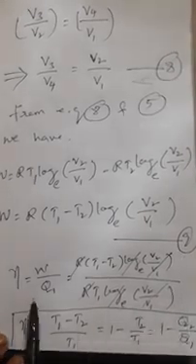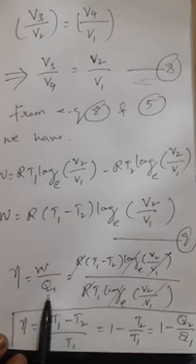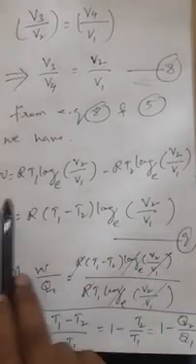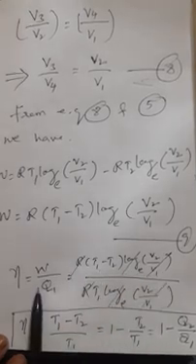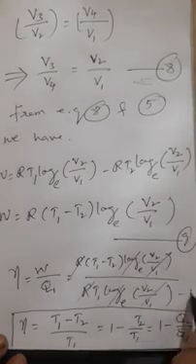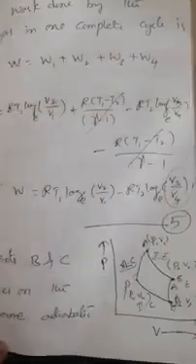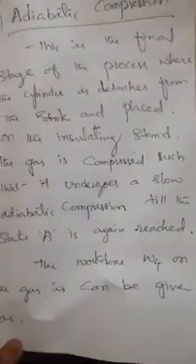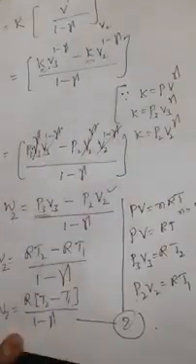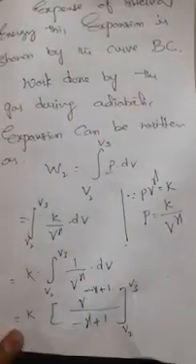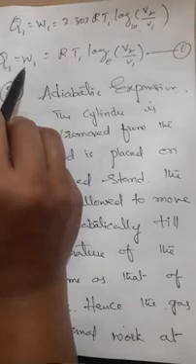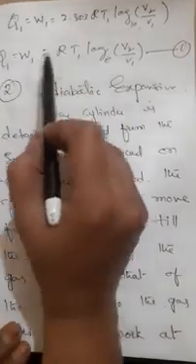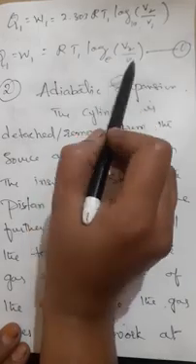Now the efficiency definition, already I told you, is total work done by heat absorbed by the engine. So total work done, what we calculated, is R(T1 minus T2) log e V2 by V1. Next, heat absorbed by the engine is nothing but the first equation, the heat energy supplied by the source due to which some work is done by the gas, equal to RT1 log e V2 by V1.